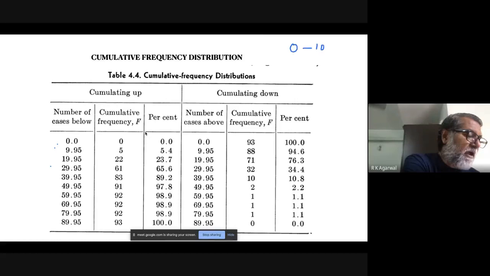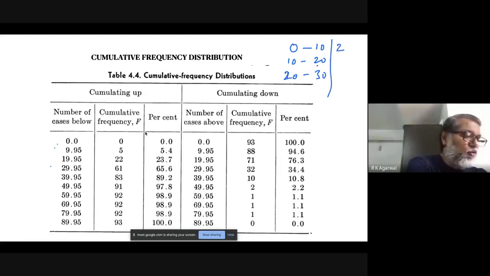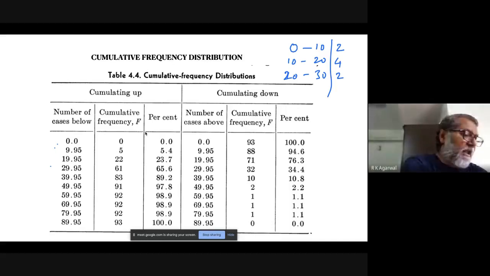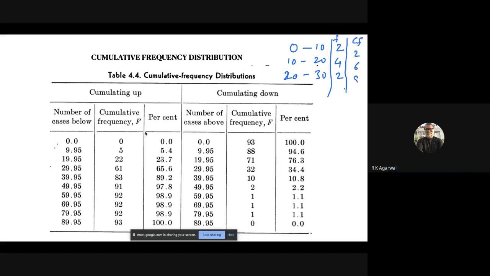Then you have 10 to 20, then 20 to 30 and so on. Now, if your frequencies are, let us say, 2, 4 and 2, these are your frequencies, so we write F. And then we accumulate it up. We call it CF: 2, 6, 8.